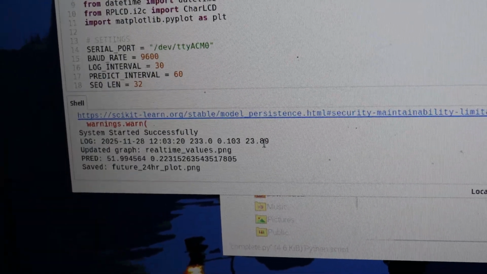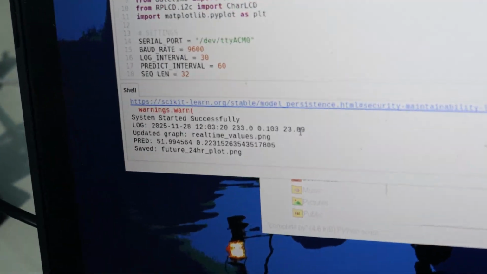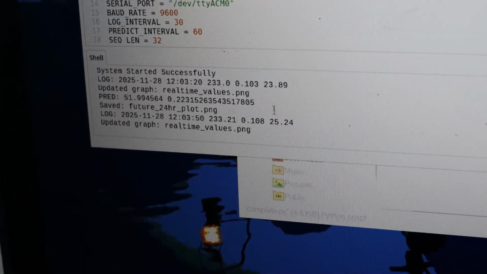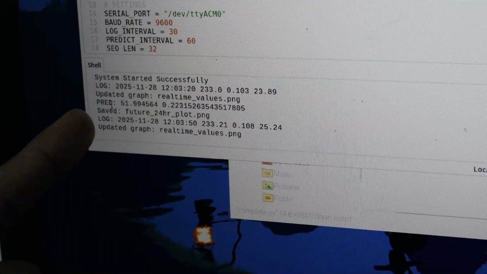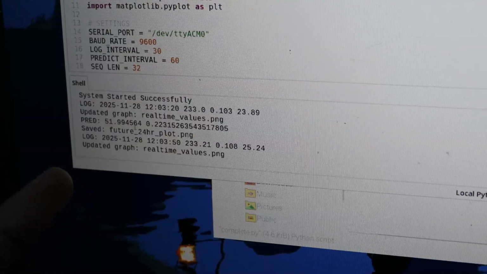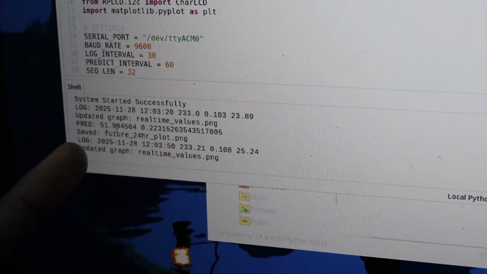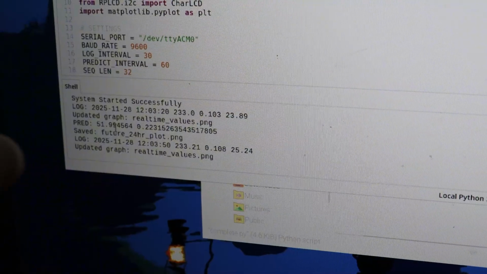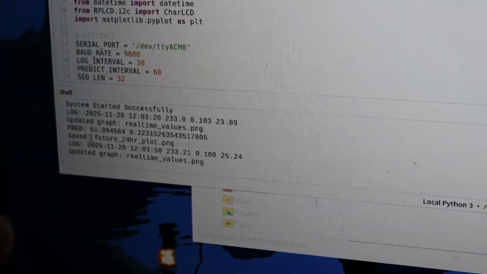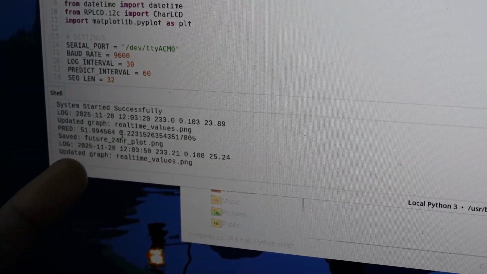Now we will connect one mobile charger, and I connected it with the mobile. At that time it will measure how much current and power is being taken, and with the ML part it will predict the future. Now we can see the prediction: 51.99 and 0.23. This 59.99 is the power of the coming 1 hour. It will predict the future power consumption of the coming 1 hour, and this is also the current day.